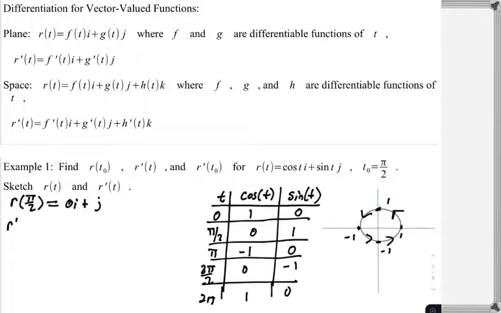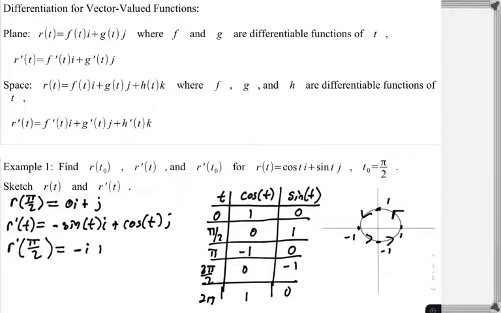So let's find the derivative. So r prime of t, the derivative of cosine is negative sine. So negative sine t i, derivative of sine is cosine, plus cosine t j. That's our derivative function. So r prime of pi over 2 is going to be equal to, the sine of pi over 2 is 1, so negative i, and then the cosine of pi over 2 is 0, so we're going to get negative i plus j.